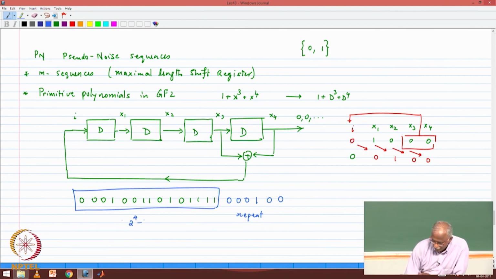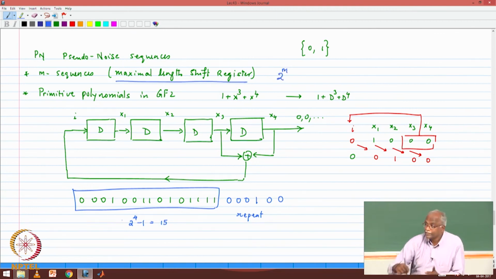This is nothing but 2^4 minus 1, equal to 15, and this is the basic property of maximal length shift registers. If you get a sequence that repeats only after 2^m minus 1, then you get a maximal length shift register sequence. It is called a PN sequence for a very specific property of randomness.